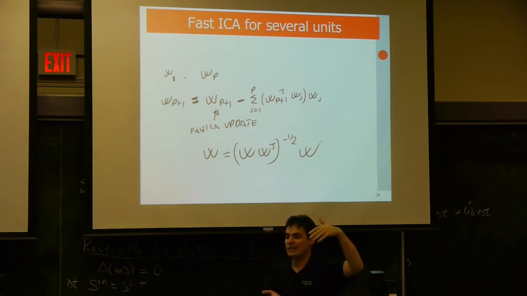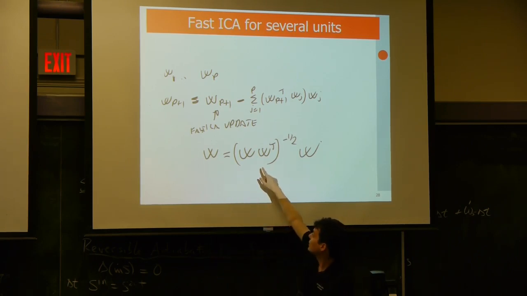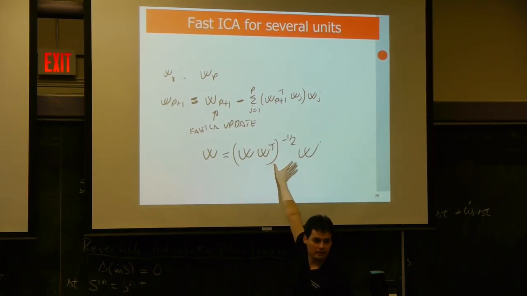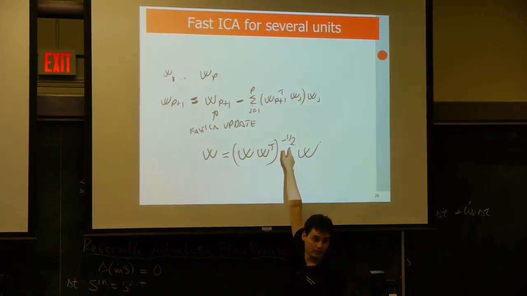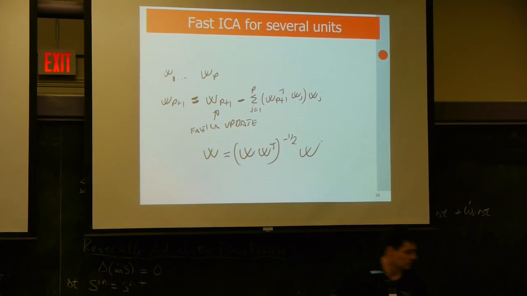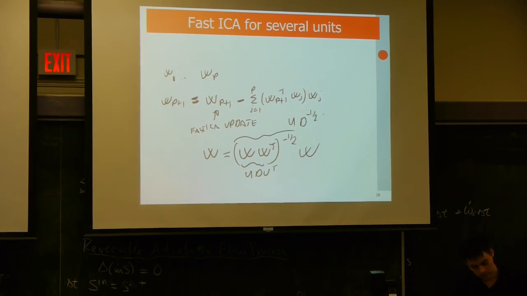From that, you make a matrix that won't be orthonormal, but you substitute it here, and that transformation will make them orthonormal, where you calculate this from the singular value decomposition of this. So if the singular value decomposition of this is u d u transpose, then this will be u d to the inverse square root, times u transpose.